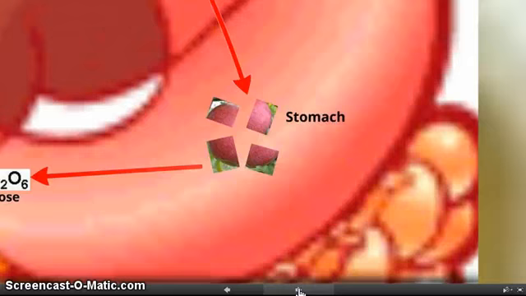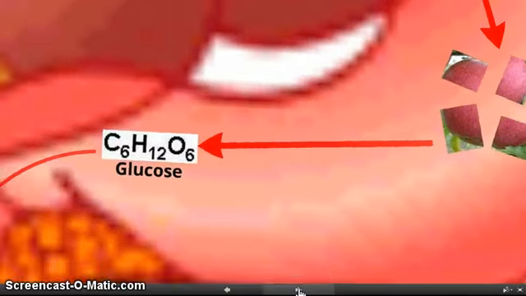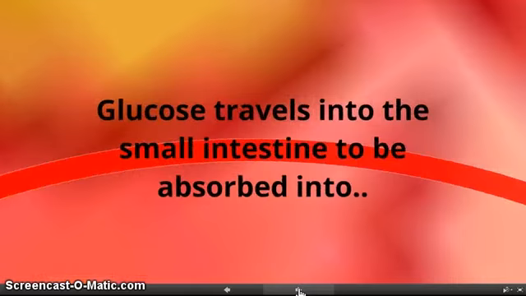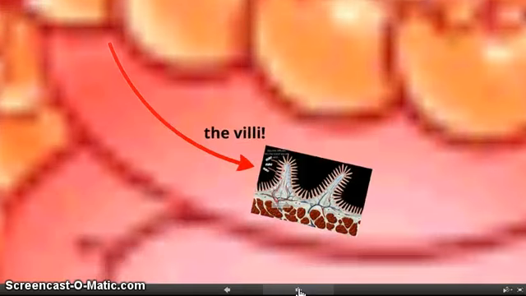That glucose gets into the stomach, starts getting broken up, passes down through the stomach into the small intestine, and then it's absorbed through, remember this, the villi in the small intestine.